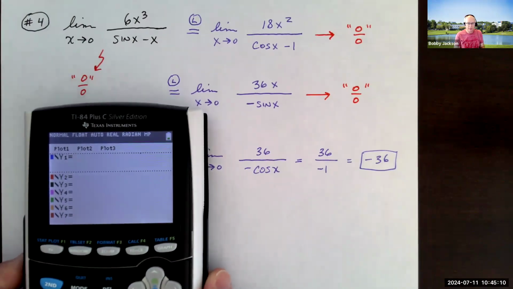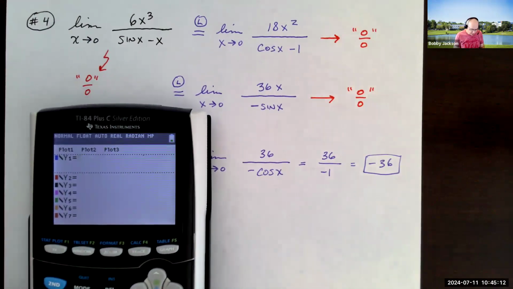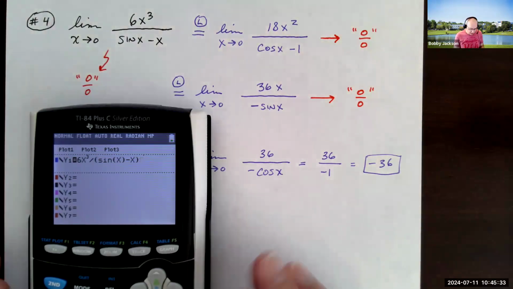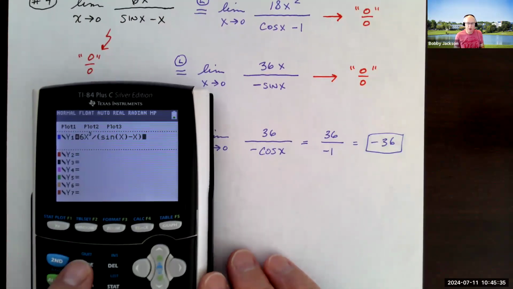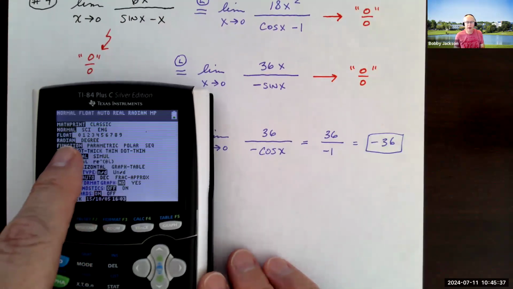If I enter the original function, I would want to enter 6x cubed divided by, and I want to put this in parentheses, sine of x minus x. Since I'm evaluating a trig function, I want to make sure I'm in radian mode, and I am.